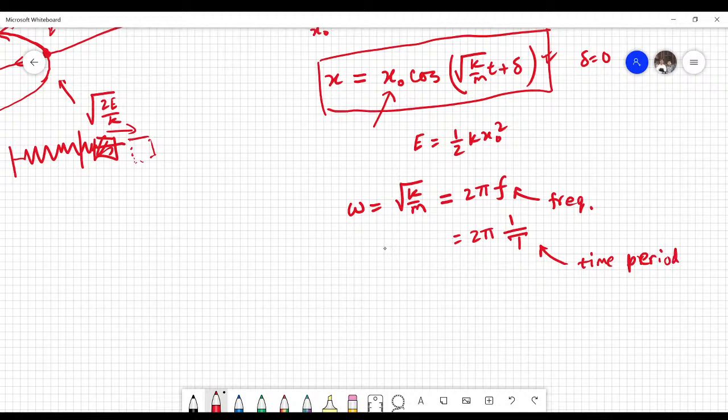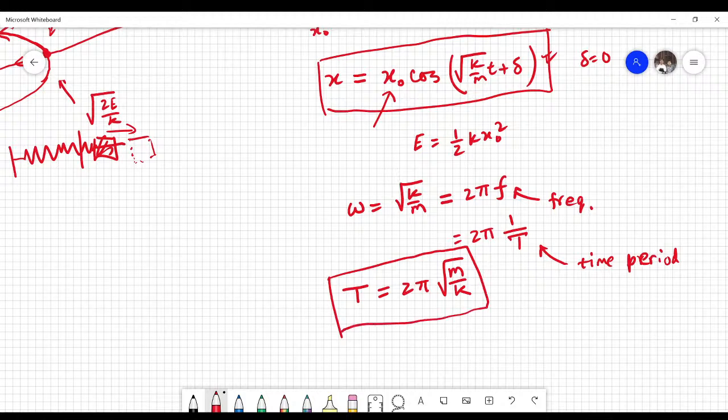So we can find T out of this expression: T equals 2 pi root m by k. So using this formula you can find the natural frequency of your mass spring system.